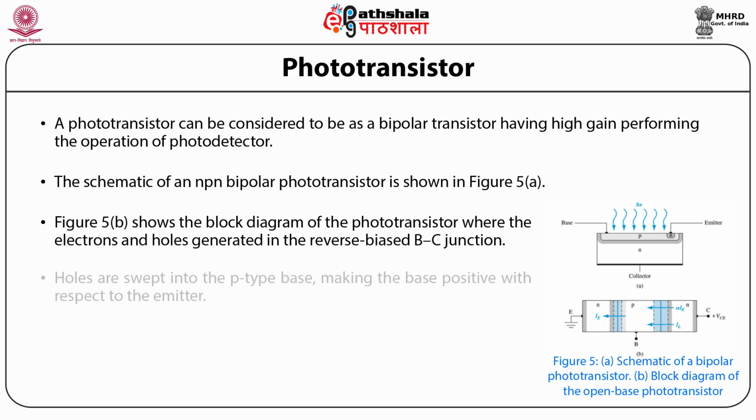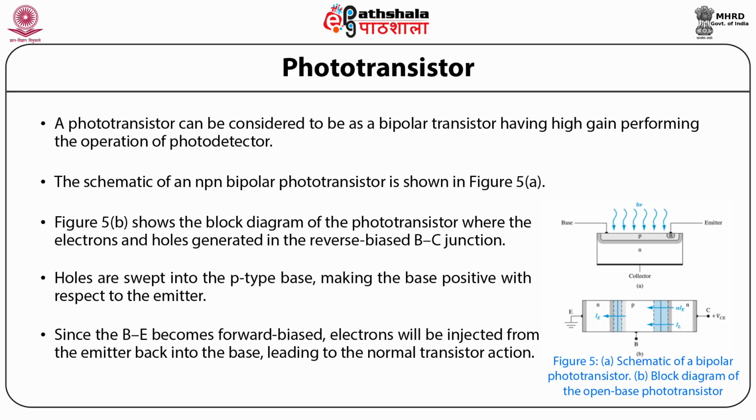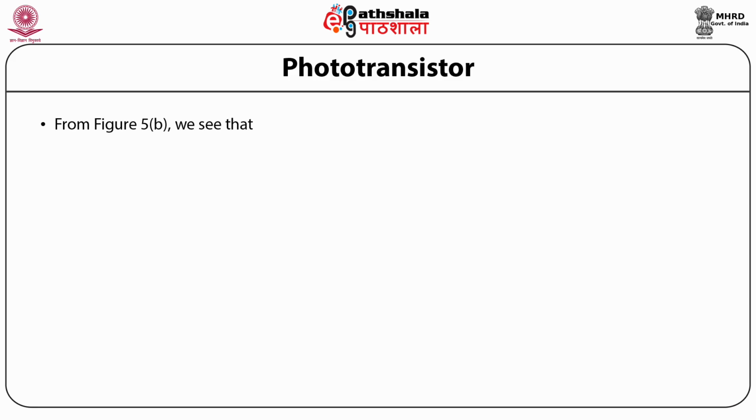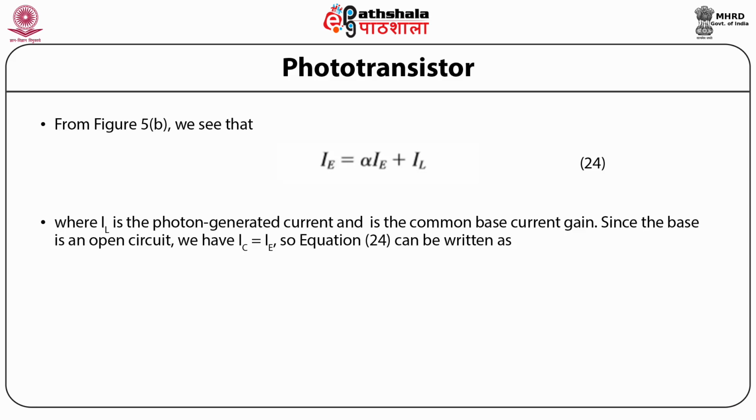Here, holes are swept into the p-type base, making the base positive with respect to the emitter. Since the base emitter becomes forward biased, electrons will be injected from the emitter back into the base, leading to normal transistor action. So from figure B, we see that IE equal to alpha IE plus IL, where IL is the photon generated current and alpha is the common base current gain.